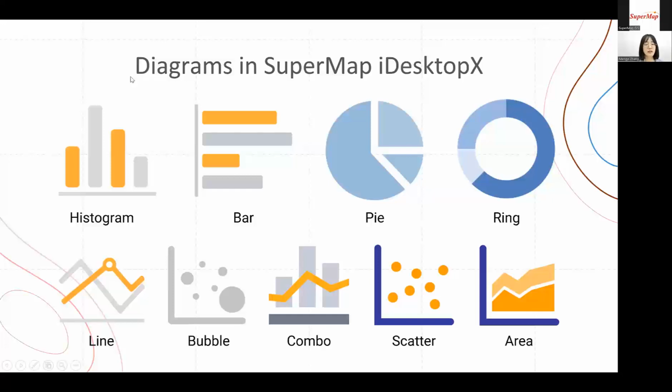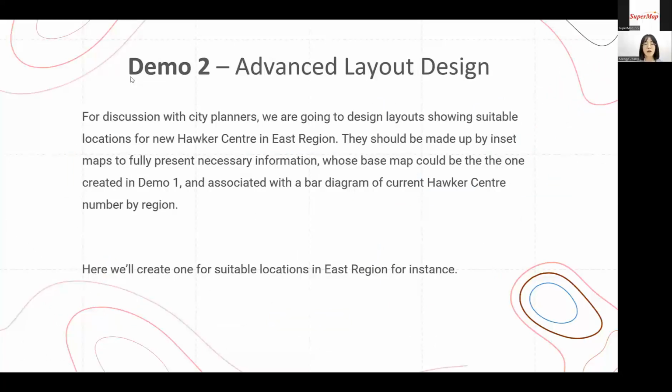So in this demo, we will create a layout to show the result of the suitable locations we found for neo-Hawker-centric planning. And if you remember what we did in the third session, actually we have those potential suitable locations in all regions.